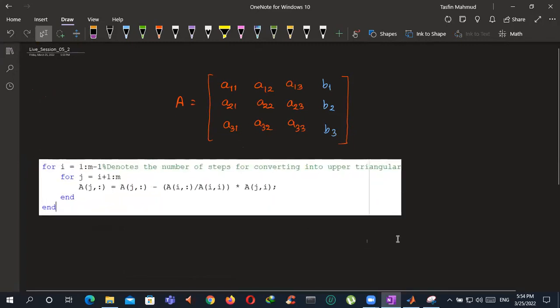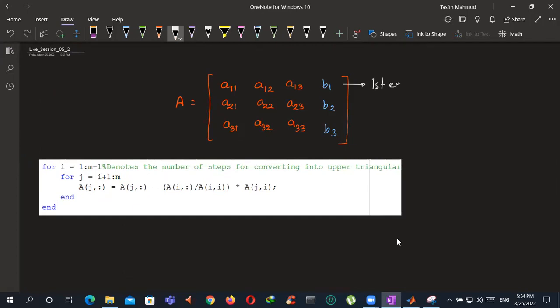And as I mentioned, the first row is actually representing the first equation, right? So this first row is actually the first equation. This is the first equation. This is the second equation. And this is the third equation, right?